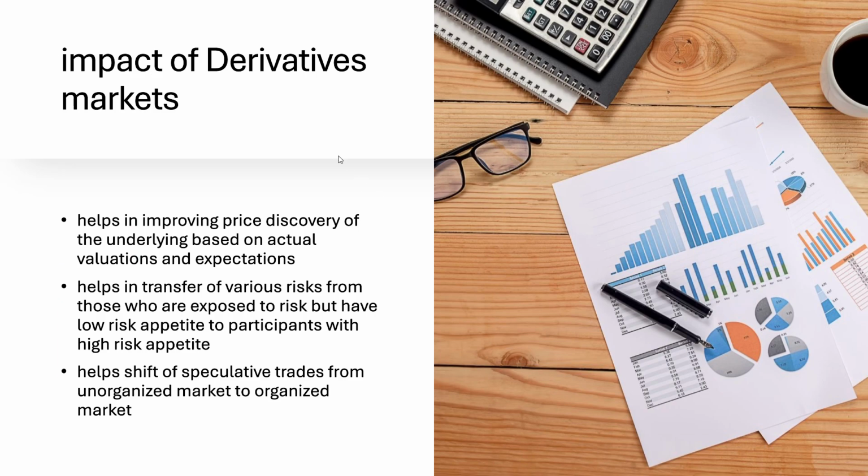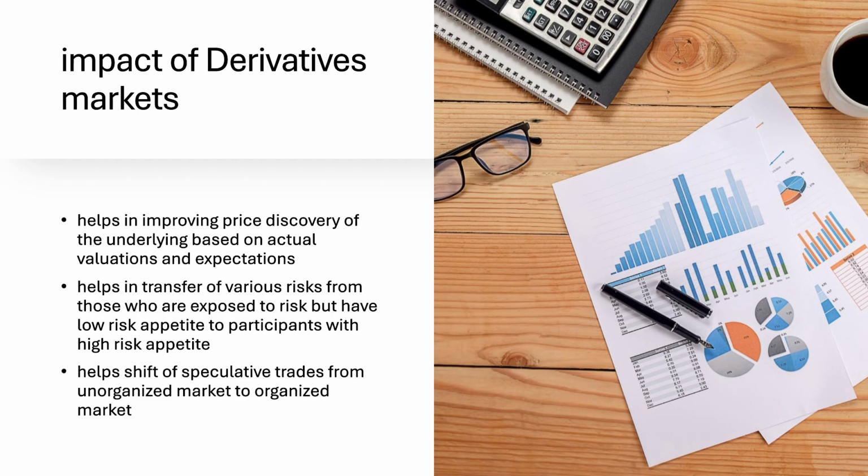So what is the impact of the derivatives market, and why do we need it in a financial system? Basically, it helps improve price discovery of the underlying asset, valuation and expectation, and helps transfer various risks from the underlying asset.